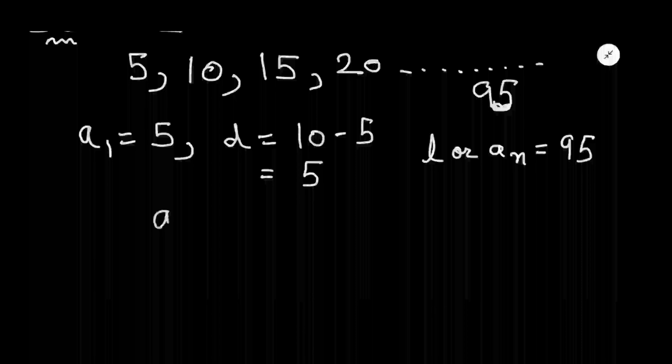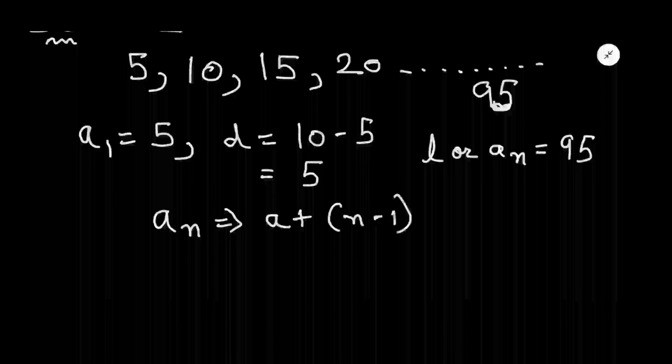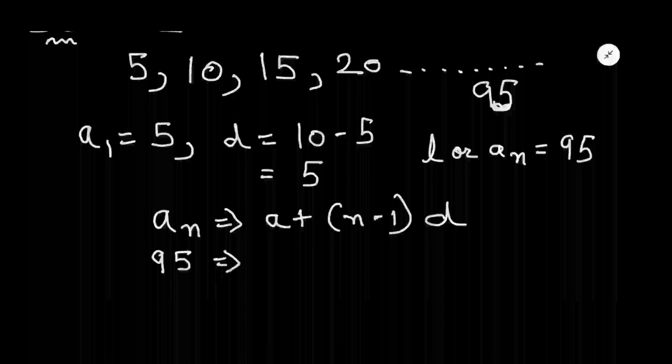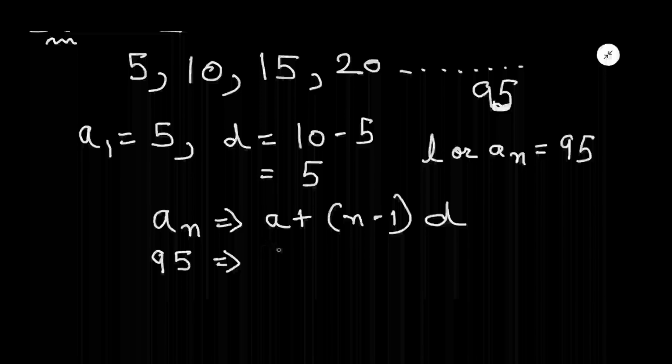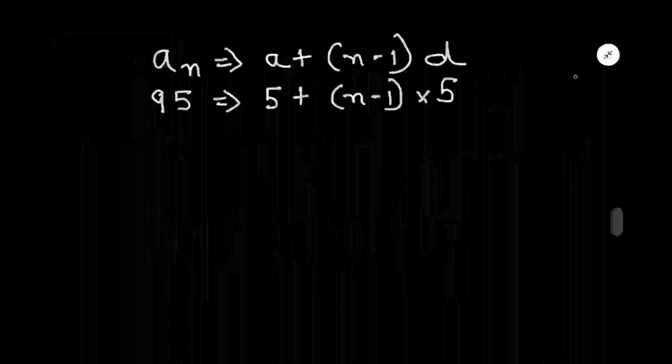With the help of the nth term, we will find our number of terms, which is n. The formula for the nth term is a plus n minus 1 d. The nth term is equal to 95, the first term is equal to 5, the number of terms we have to find, and the common difference is also equal to 5.